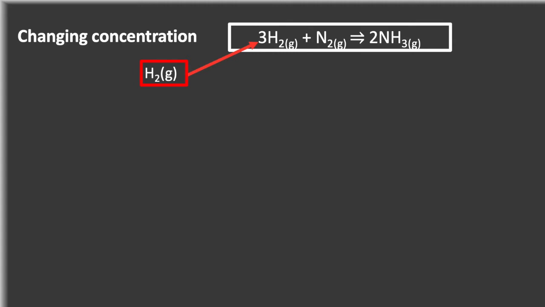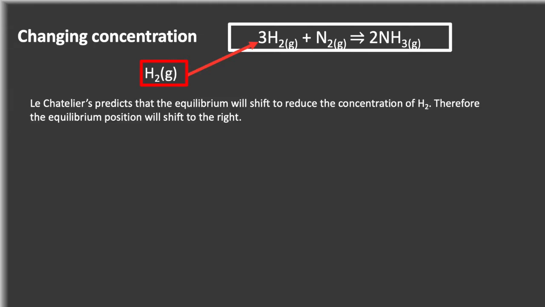So we're going to pump some hydrogen into our reaction. The equilibrium will want to shift to remove that increased hydrogen, and therefore it will shift to the right, and more ammonia will be produced to reduce the amount of hydrogen present.